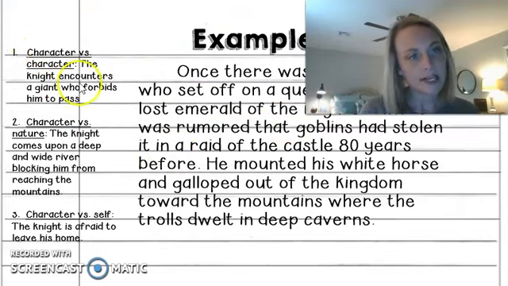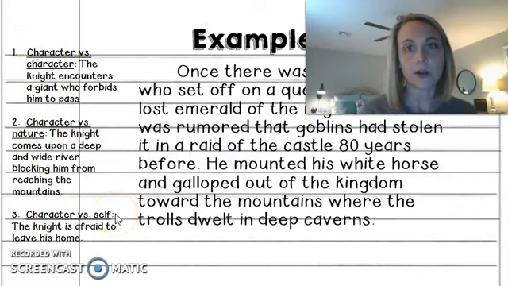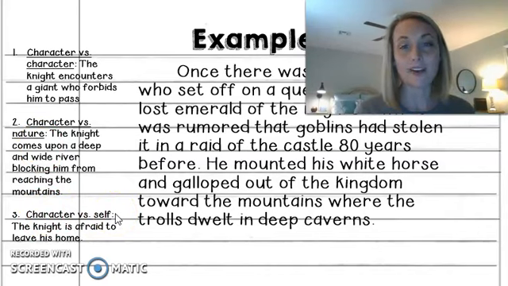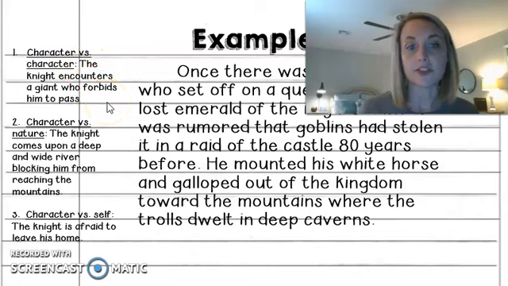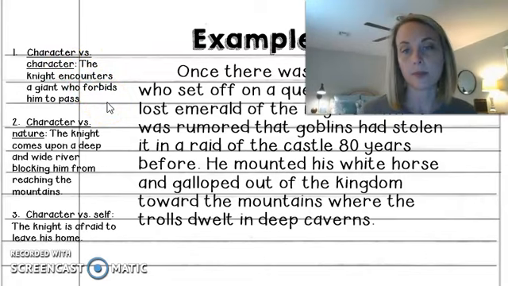Over here, I have character versus character, character versus nature, and character versus self. Those are my 3 types of conflict. Then I had to think of examples of conflicts for each of those types. My first example for character versus character was the knight encounters a giant who forbids him to pass.